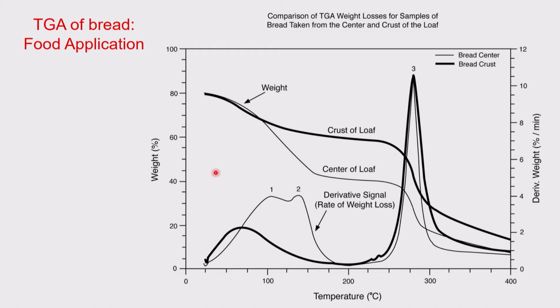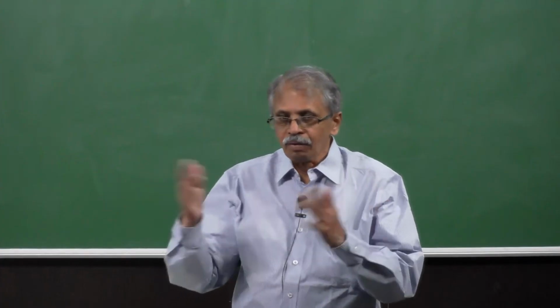If you see the interior part of that loaf of bread, you have two major peaks, one around 110, another around 150, etc. Whereas this is around 70 to 80 degrees Celsius. Here they are more or less the same kind of weight loss that you have. So based on this, you can talk in terms of the quality of the bread as well. So parameters have to be combined with that.